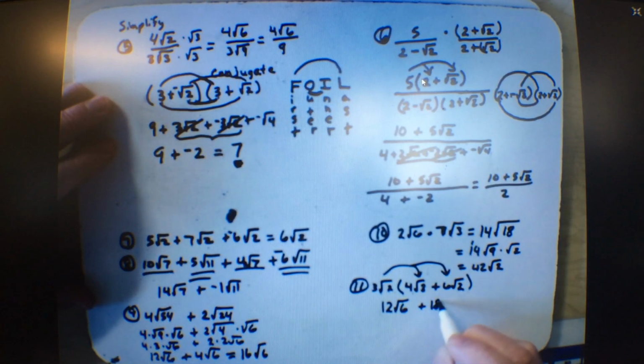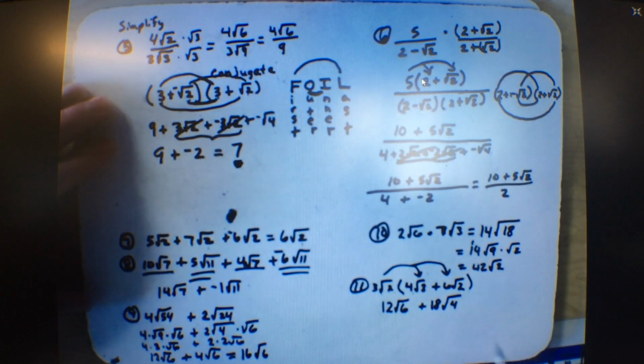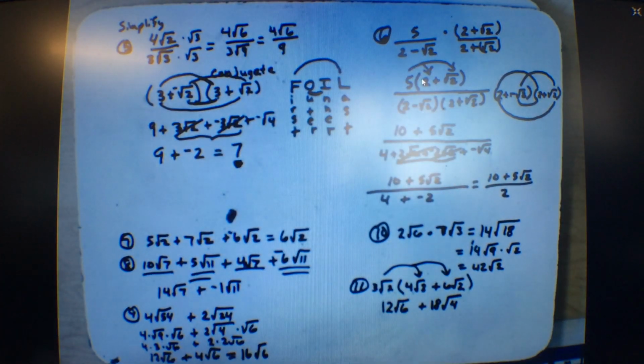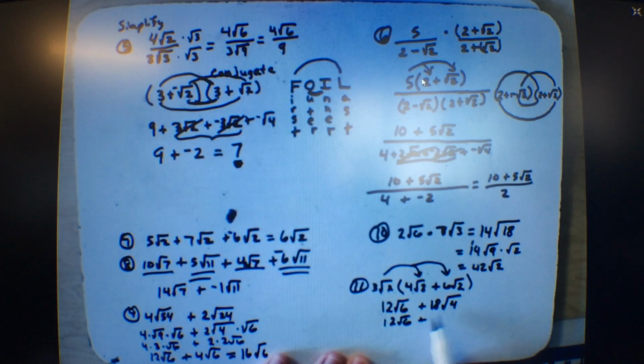18 square root 2. Nope. No. Square root what? 4. You see how when you add them, it's the square root of 2, but when you multiply them, it's the square root of 4. Is that crazy? I'm not done yet. This is 12 square root 6 plus, this is 2, right? 2 times 18 is 36.